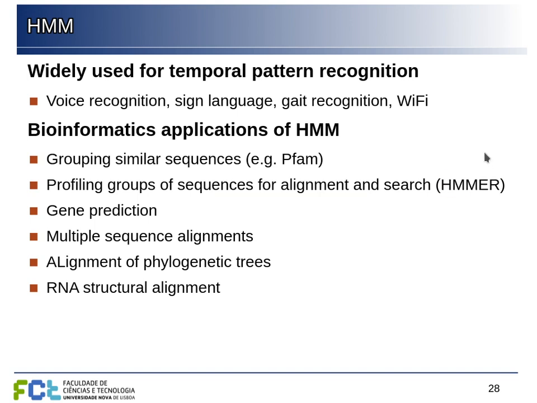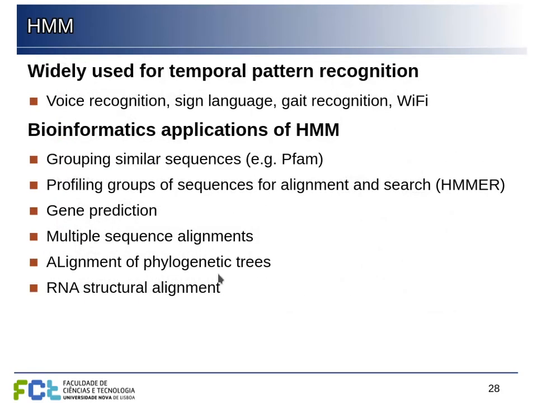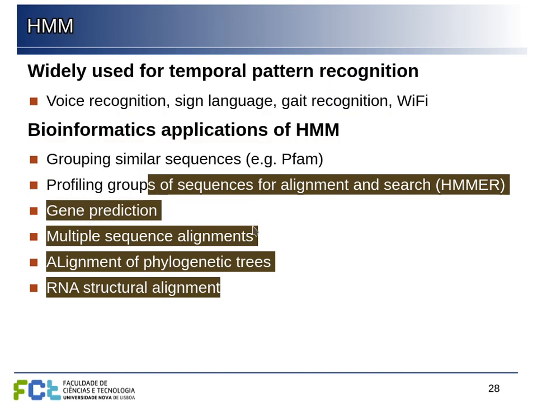HMMER uses hidden Markov models for sequence comparison in multiple sequence alignment and in sequence search. This was an example here for gene prediction, for aligning phylogenetic trees, structural alignment of RNA and things like that. So there are lots of applications in bioinformatics.